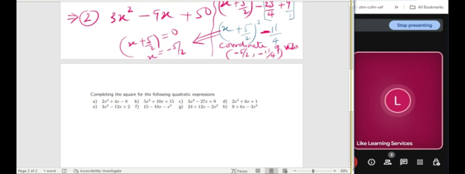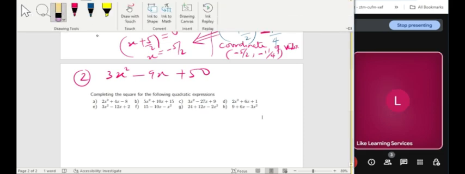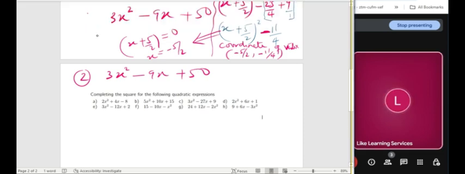This number 2, what should you do first? Let me rewrite it here. Divide all through by 3. That's correct. All right, so I can remove it from here. So let's go. Divide all through by 3.